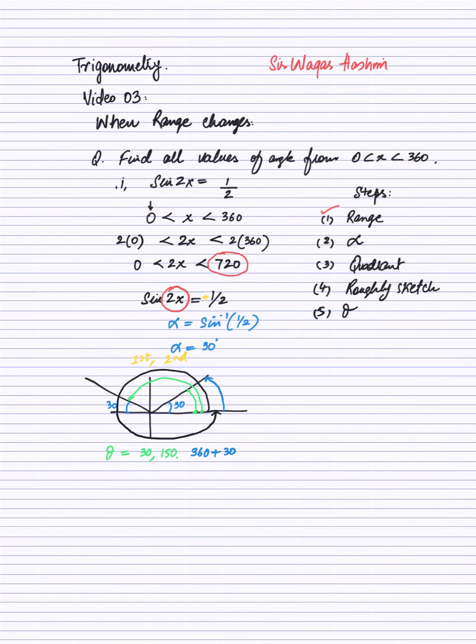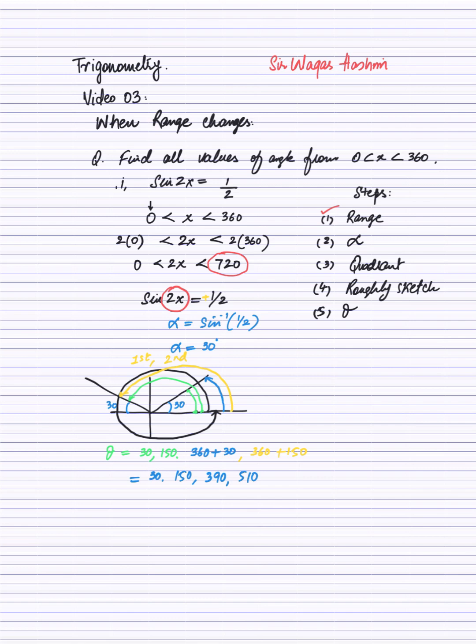And for this part, that is not 150 only, that will be 360 plus 150. So the final values are 30, 150, 390, 360 plus 150 is 510, right?